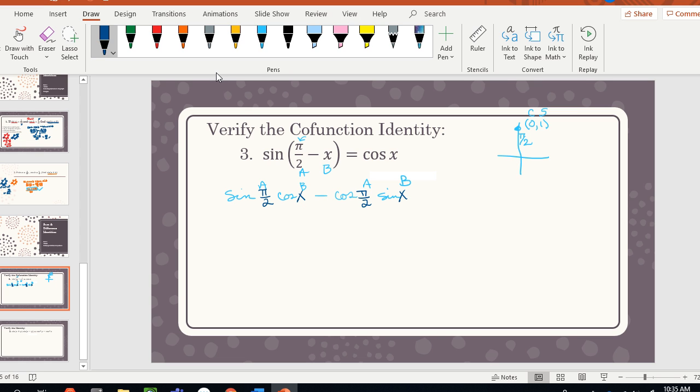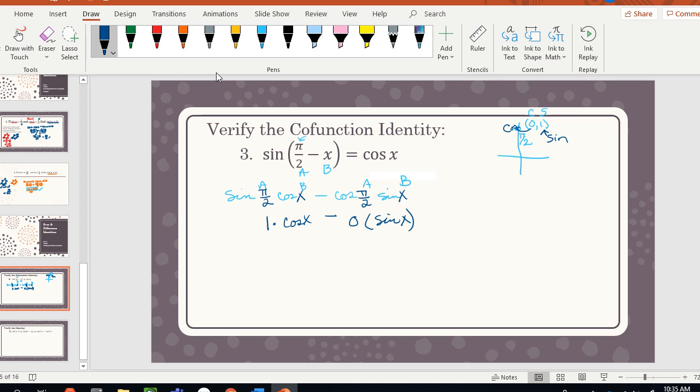Well, remember I said there's my sine, and here is my cosine. So wherever I have sine of pi over 2, I get to put a 1 in there. So this is going to be 1 times cosine of x minus, now wherever cosine is, I put a 0. So 0 times sine of x.